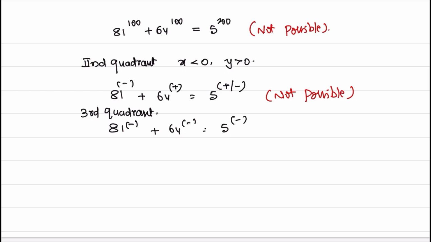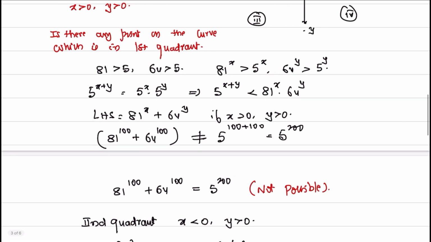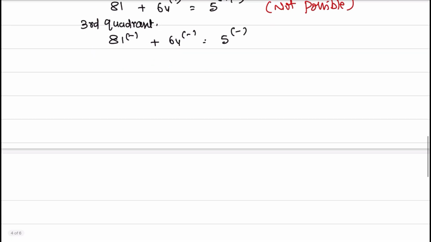For example, here let us say I have taken x is equal to minus half, y is equal to minus half, in the third quadrant. It implies 81 to the power of minus half, 64 to the power of minus half.